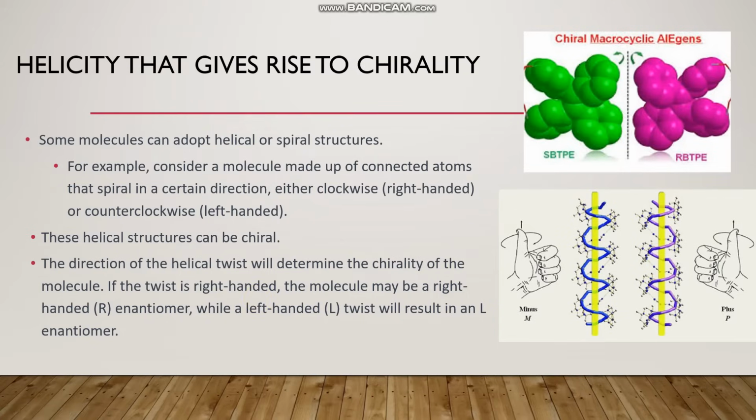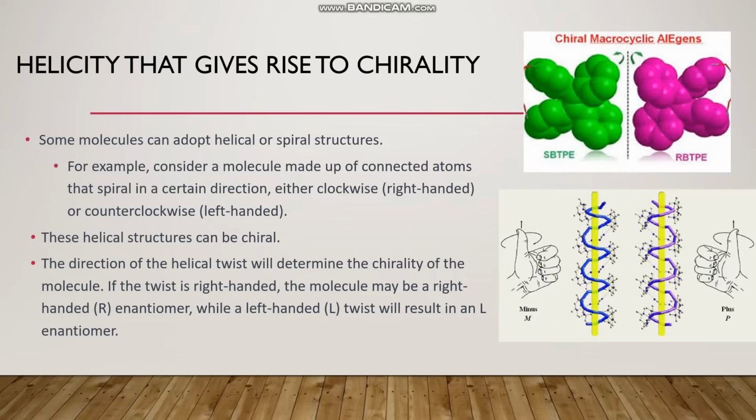Some molecules, although they do not have a chiral center, are chiral. One thing we should mention here is that whenever an object is chiral, it has the property of handedness. What do we mean by handedness? It means those two objects are exactly mirror images of each other, but when we place them on one another, they are not superimposable. They do not match with each other.